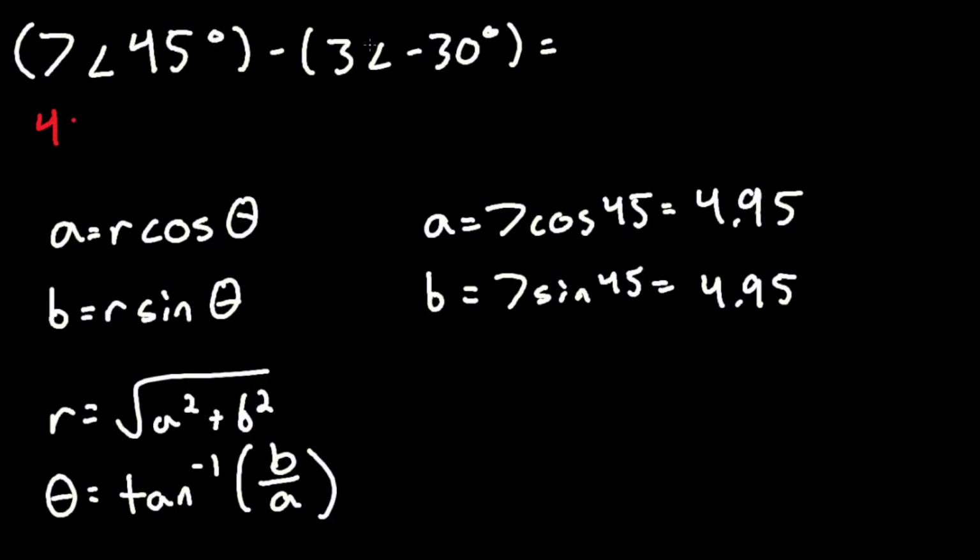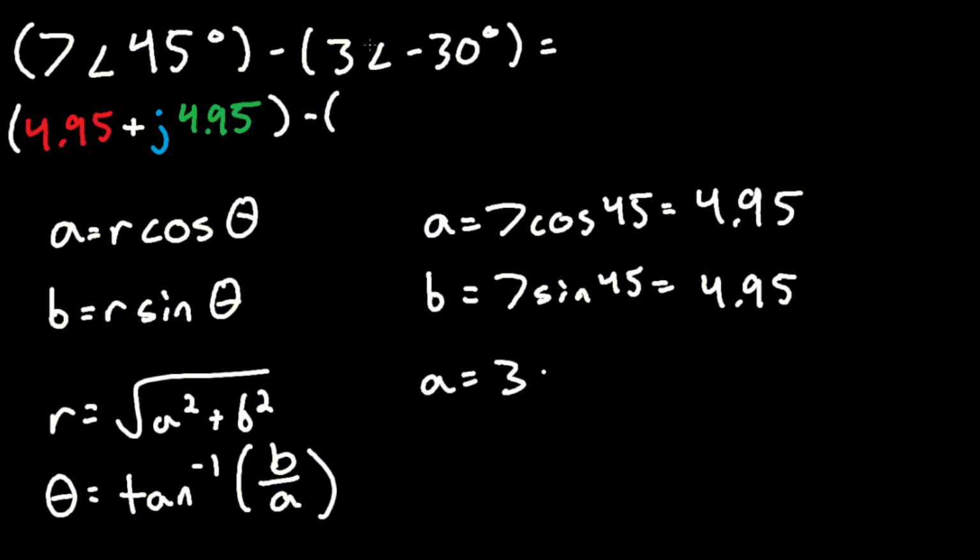This is 4.95 plus j 4.95 minus this guy right here. So we need to turn this into rectangular form. So A is equal to 3 cosine of negative 30, and B is equal to 3 sine of negative 30.